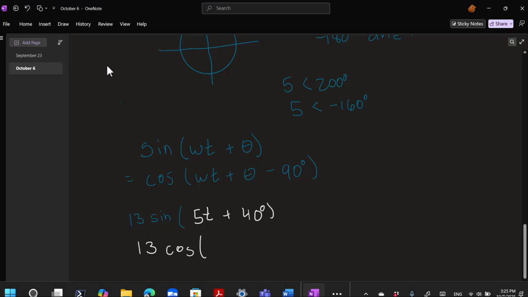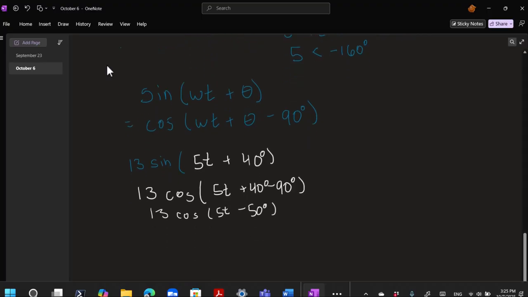That'd be 13 cosine 5t plus 40 degrees minus 90 degrees, which would be 13 cosine 5t minus 50 degrees, which is 13 angle negative 50 degrees.